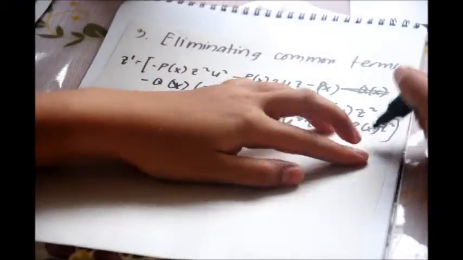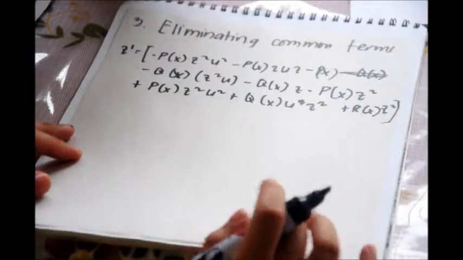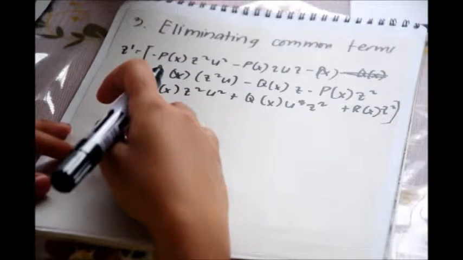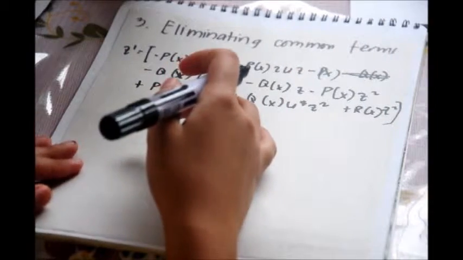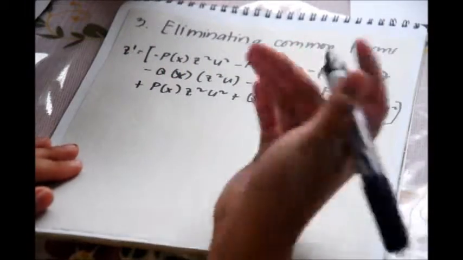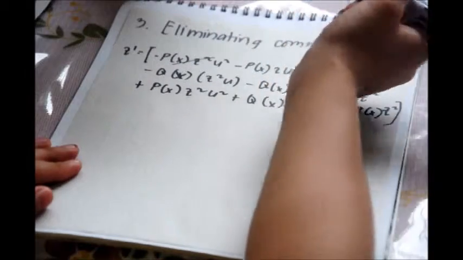So good thing we check the expression first before cancelling, because if not, it could become, let's say, disastrous if we don't double check the equations that we wrote, right? So this would cancel, as well as this.